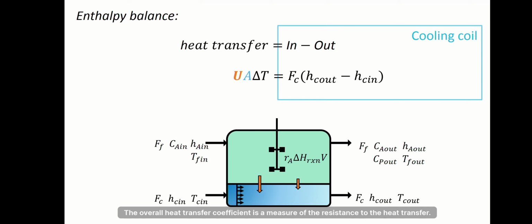The overall heat transfer coefficient is a measure of the resistance to the heat transfer. This resistance not only depends on the thickness of the wall of the tube and the material that the tube is made of. It also depends on the heat transfer coefficients inside and outside the cooling coil.